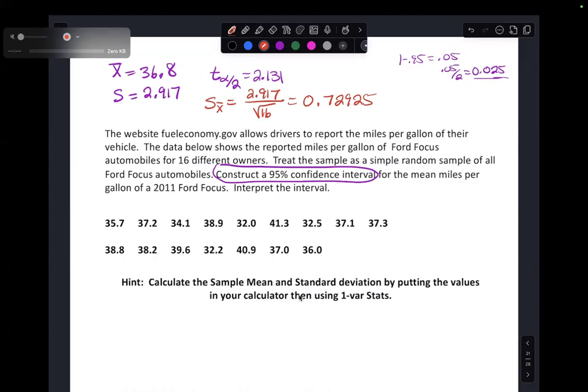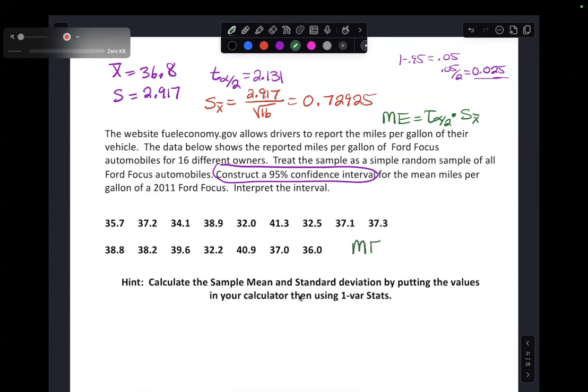Okay. So now, once again, my margin of error is the t-value times the standard deviation. That's how we get our margin of error. So I'm going to move down because I'm running out of room to find my margin of error.